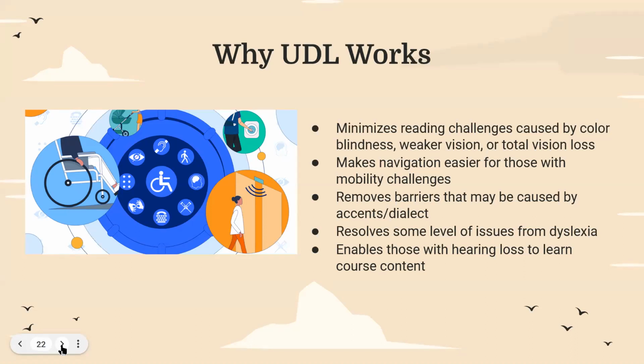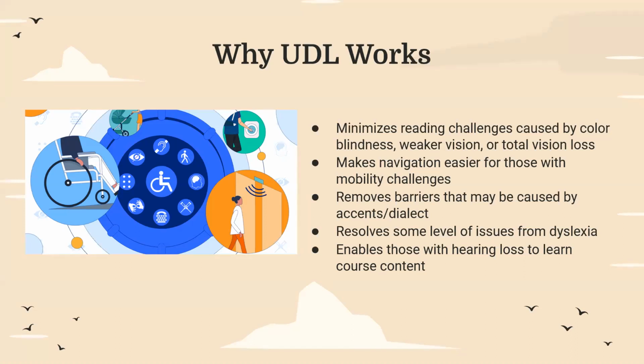It makes navigation easier for those with mobility challenges. That's what we talked about, like with ramps instead of stairs at schools, but we're also talking about just navigating our courses. That's why consistent navigation in online courses is essential to universal design for learning, because any student from anywhere knows how to get to the next available spot. And so that's part of this, making sure that the way we've designed their interaction in the learning management system in Canvas is something that promotes universal design.